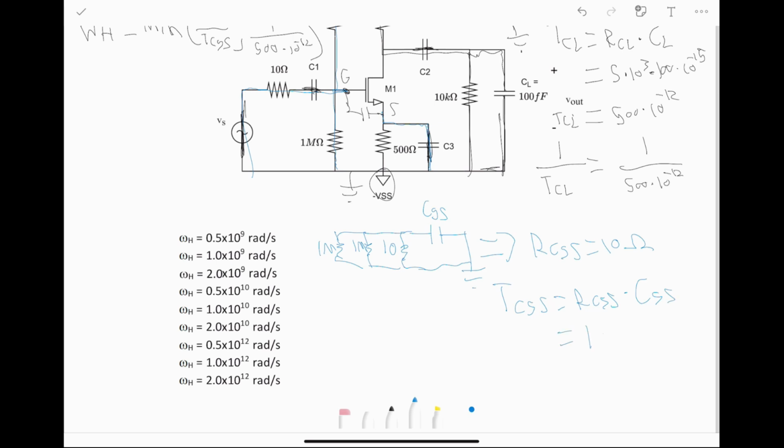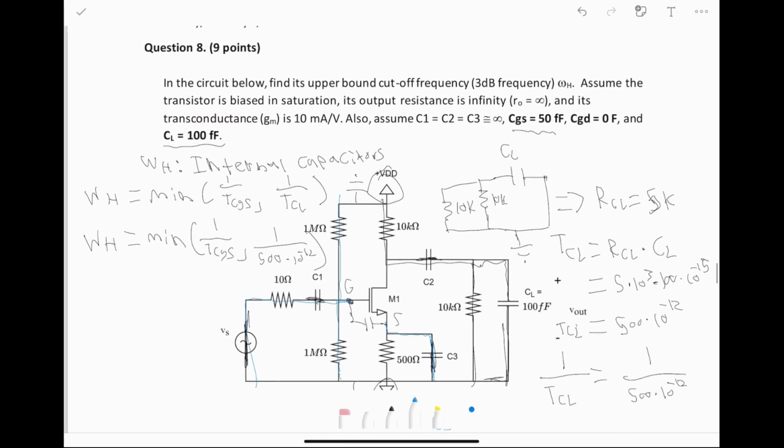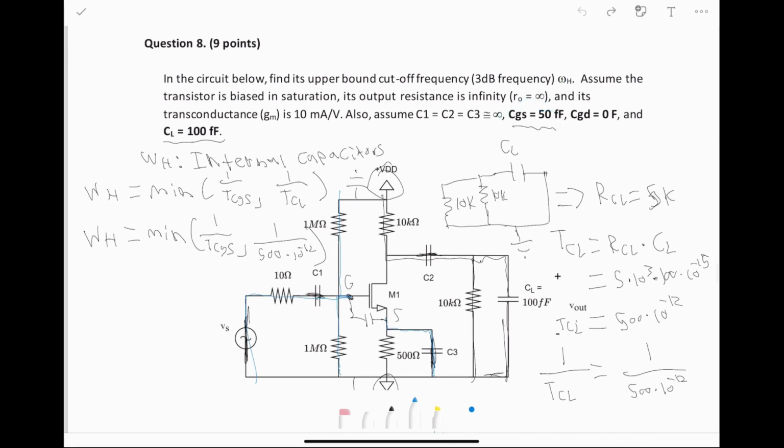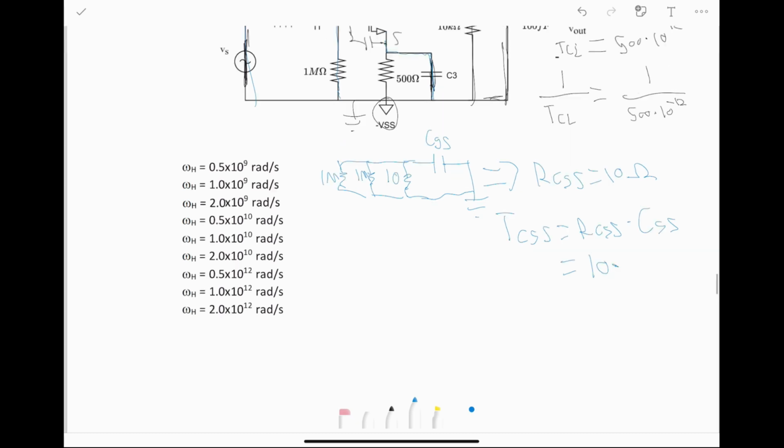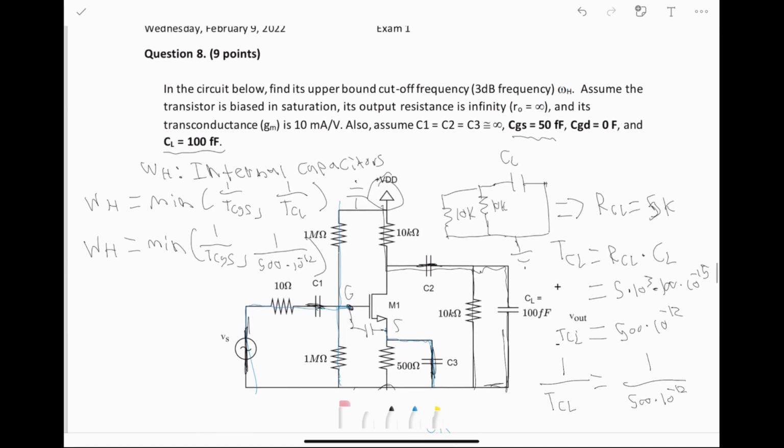So that's going to be equal to 10 times 50 femtofarads. So it's equal to 500 times 10 to the negative 15th. So 1 over tau CGS is going to be equal to 1 over 500 times 10 to the negative 15th. And we can just write that over here.